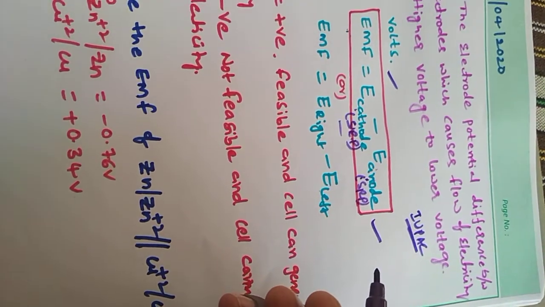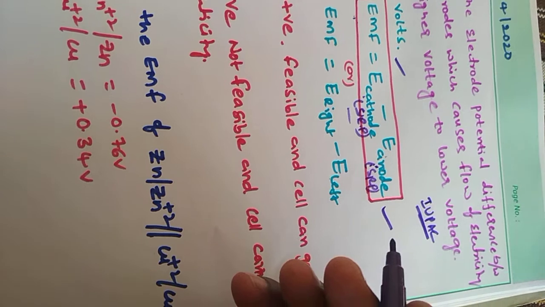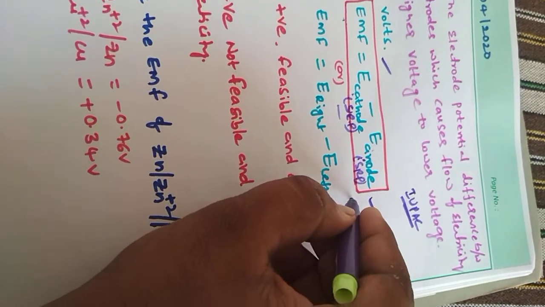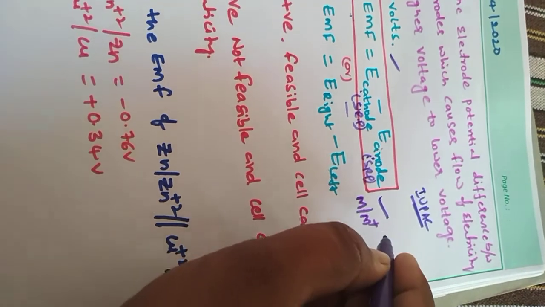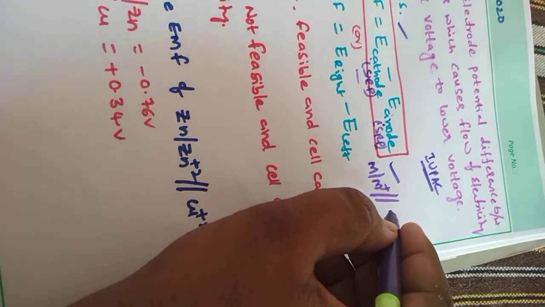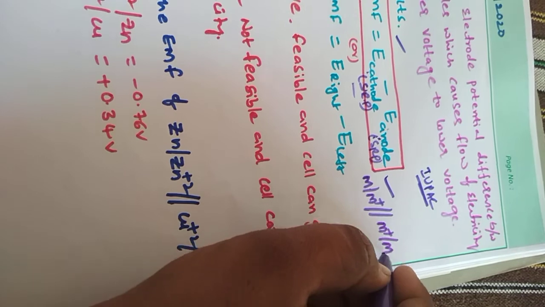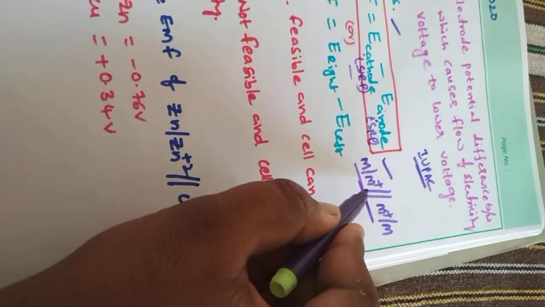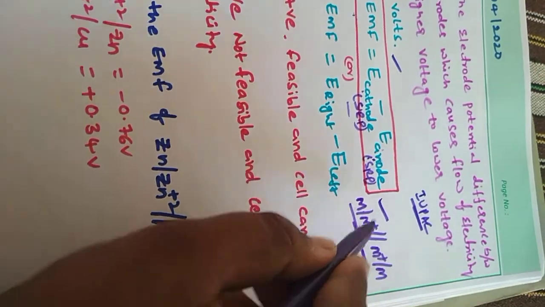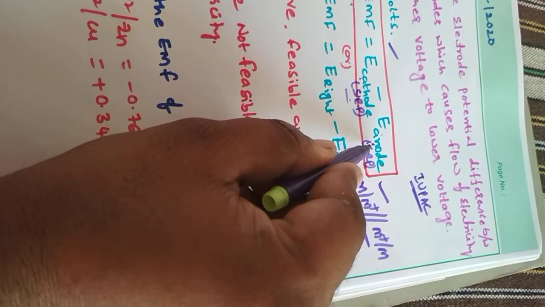To calculate the EMF of the cell, the cell notation should be in this form. For example, M is the metal: M, M plus, then the salt bridge, then M plus, M. In this form we have to take the cell. For this cell, EMF can be calculated by the formula E cathode minus E anode.